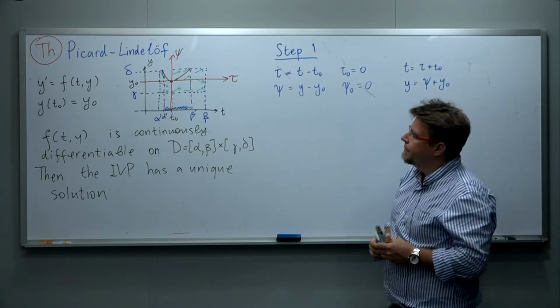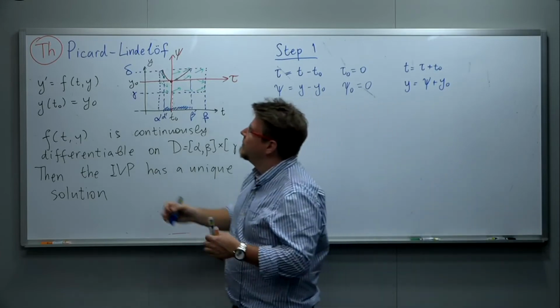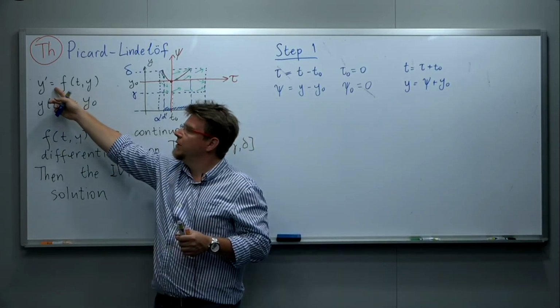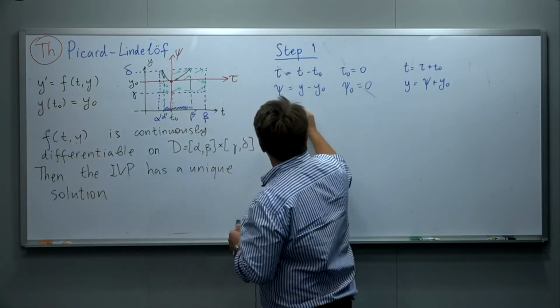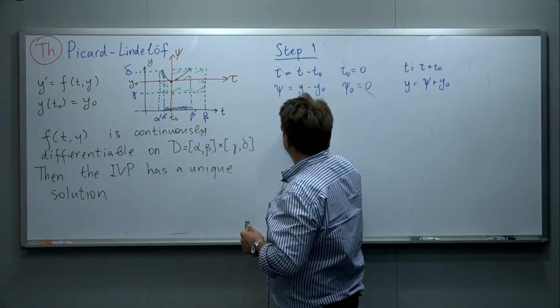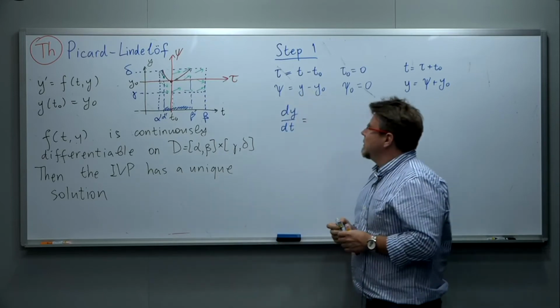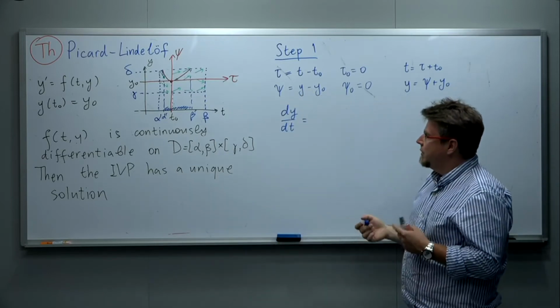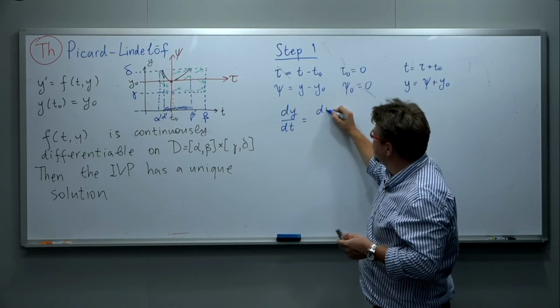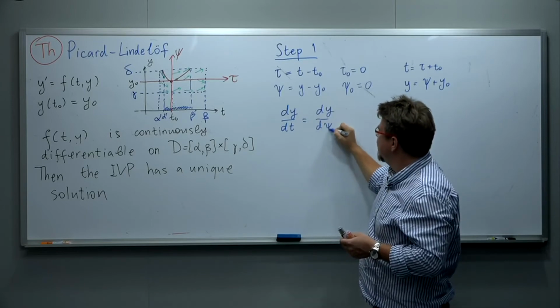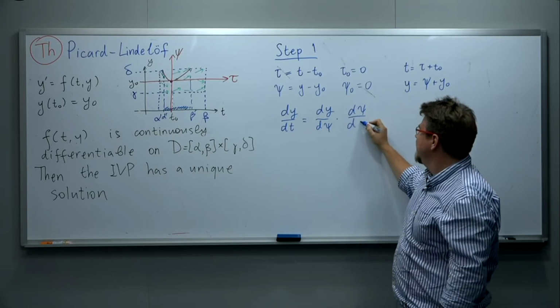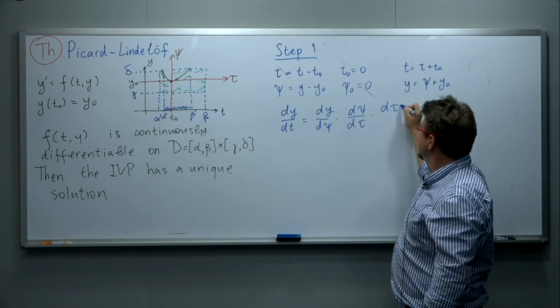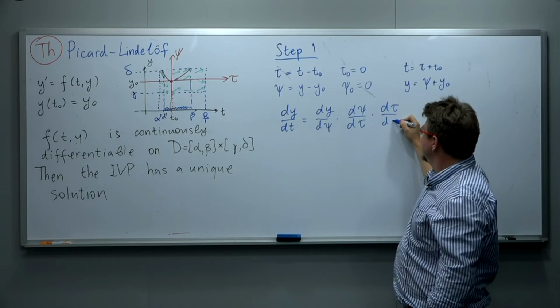So furthermore, let us transform the differential equation. So the left hand side is y prime, or dy dt. So what is dy dt? By the chain rule, dy dt equals dy d psi times d psi d tau times d tau dt.